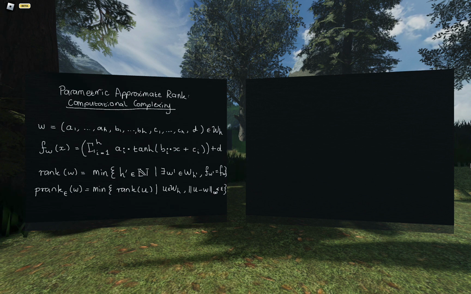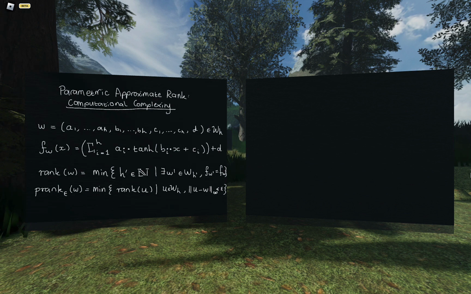So these are the basic definitions from the previous two parts of this series, and so the parametric approximate rank, which is an NP complete problem.